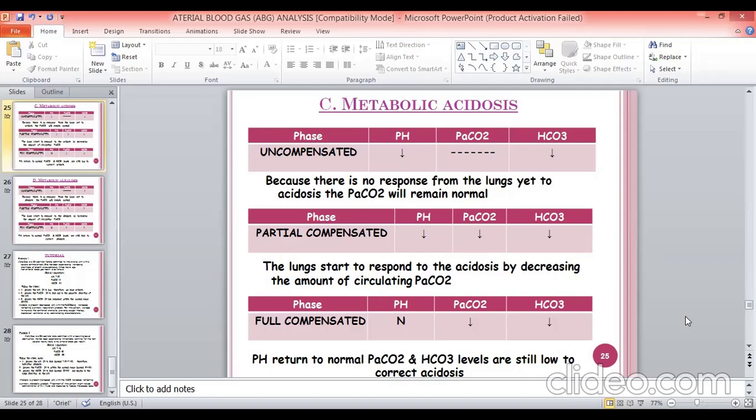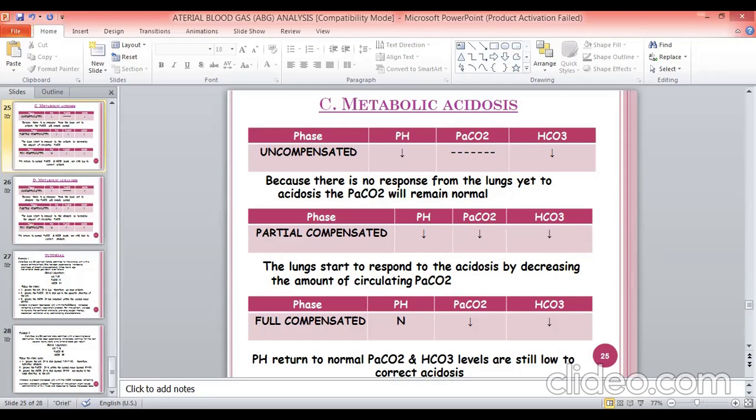Because there is no response from the lungs to the acidosis, the partial pressure of carbon dioxide will remain normal. Once the compensatory mechanism starts, the pH and bicarbonate are still moving in the same direction.